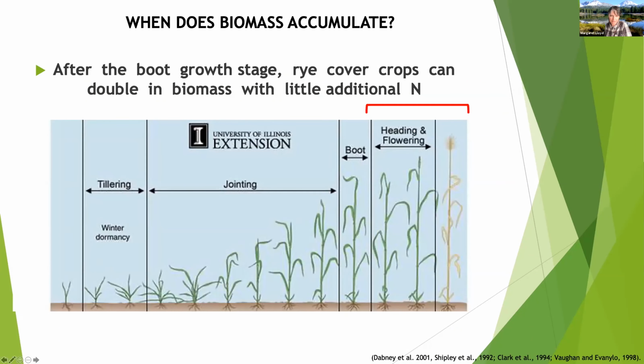Here's a figure showing the growth of a cereal crop. So some cover crops are cereal, some are legumes. In the case of cereal crops, after the boot stage, so right about here, the rye cover crops can double in biomass with little additional N. So they're really putting on the bulk of the biomass in the latter half of their growth stage.